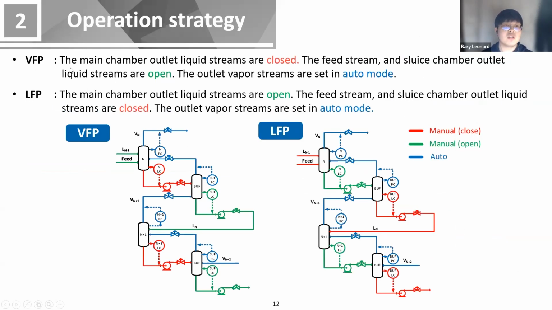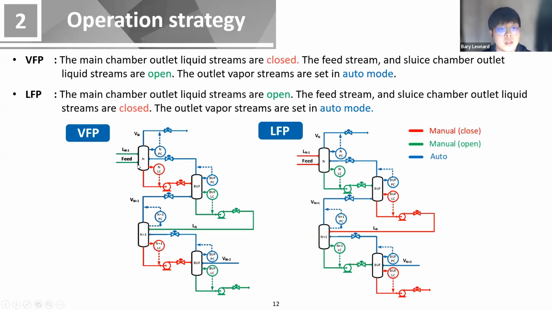And this is our operation strategy. During the VFP, the liquid outflow from the main chamber will be stopped. The red line represents that it's closed.